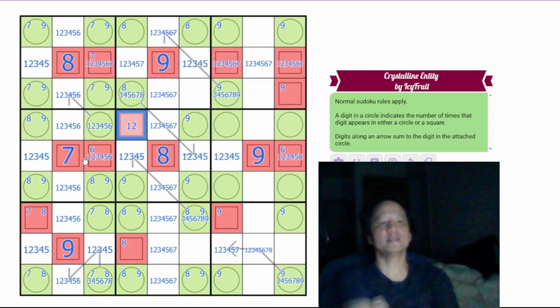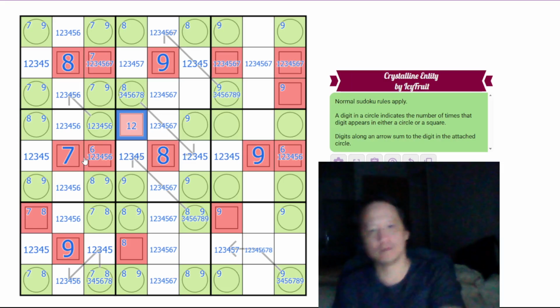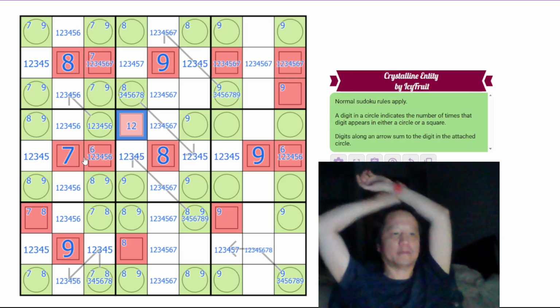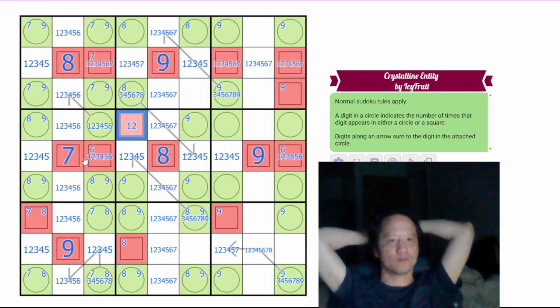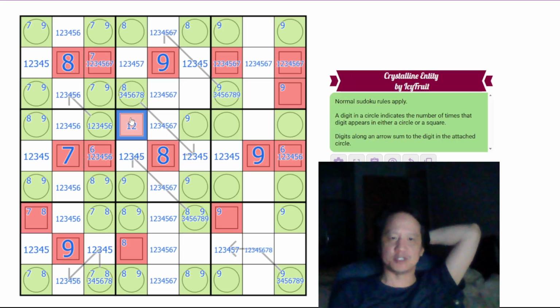So we have a single digit that's not in a circle. That's interesting. And it's 1 or 2. It's this digit specifically.